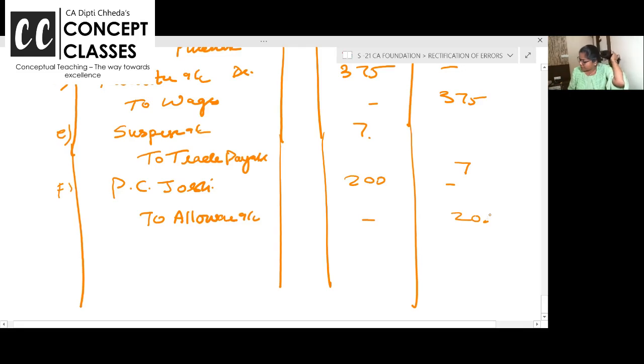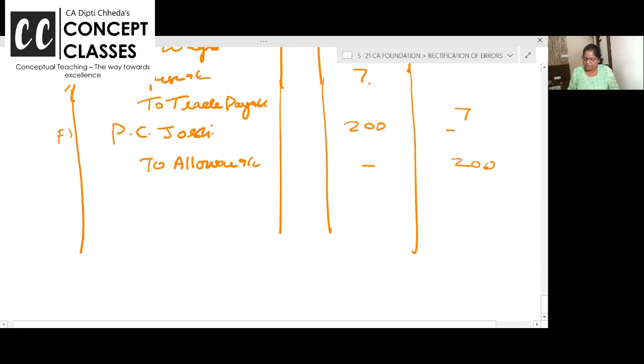PC Joshi debit, allowance account credit. PC Joshi debit, because the check is returned, now he has to pay you something else. Allowance credit.